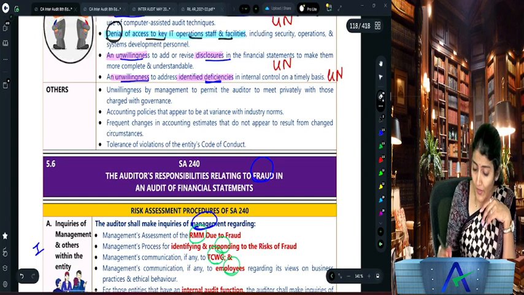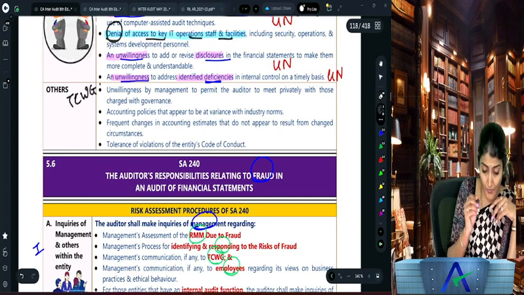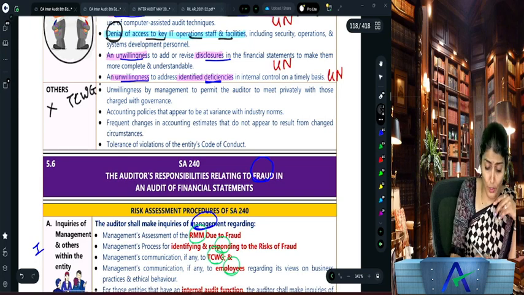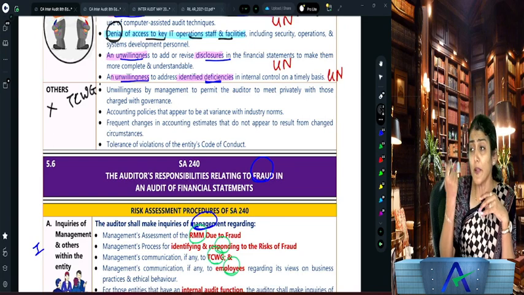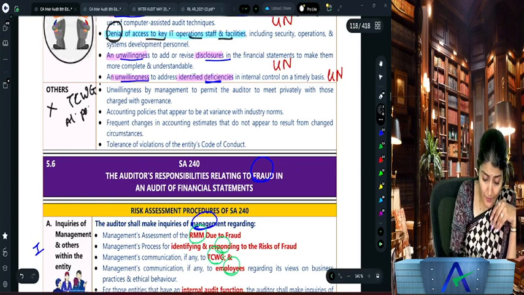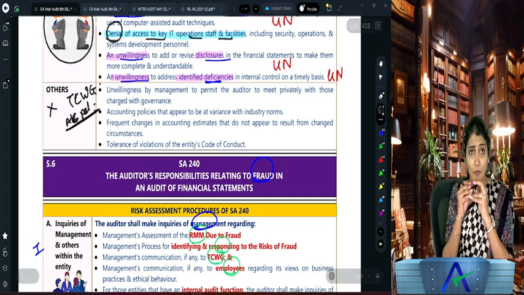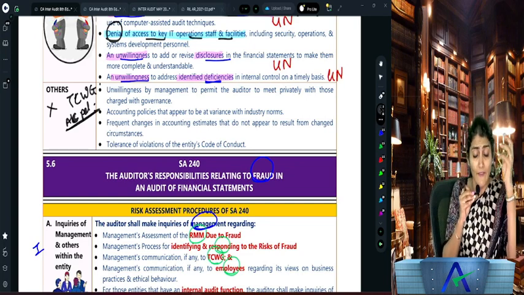So the auditor said, I want to meet your TCWG. What does management say? No, I am also coming along. But then he asks, why do you want to meet? You say their accounting policies are in variance with the industry norm. Everybody is following FIFO, so I need to ask the TCWG why you are following the weighted average.